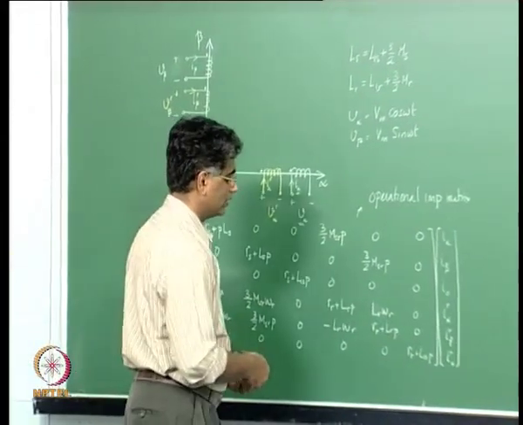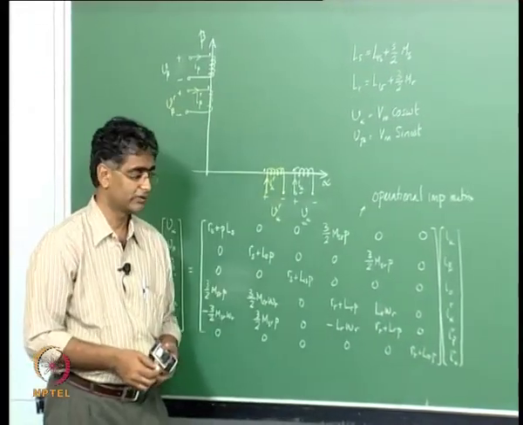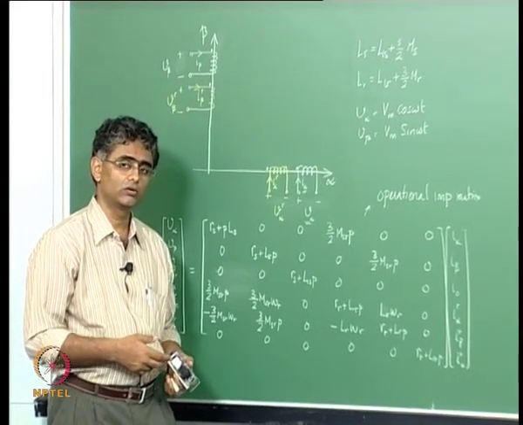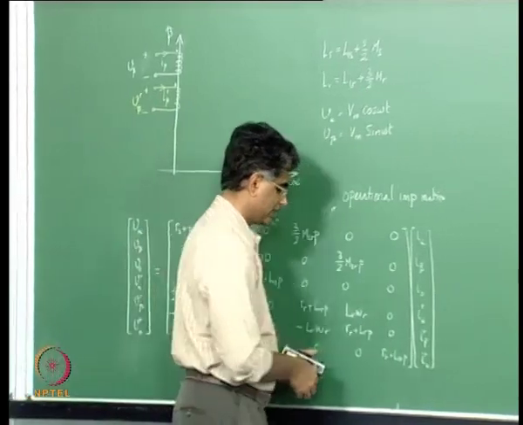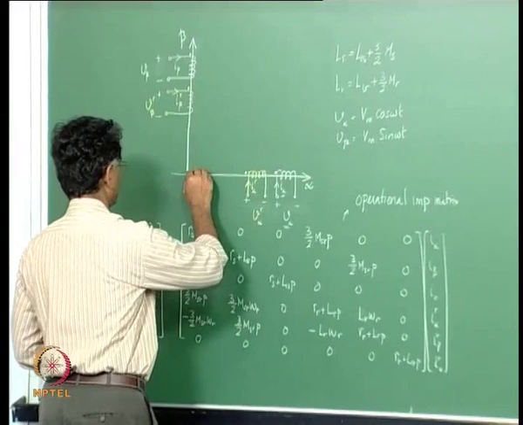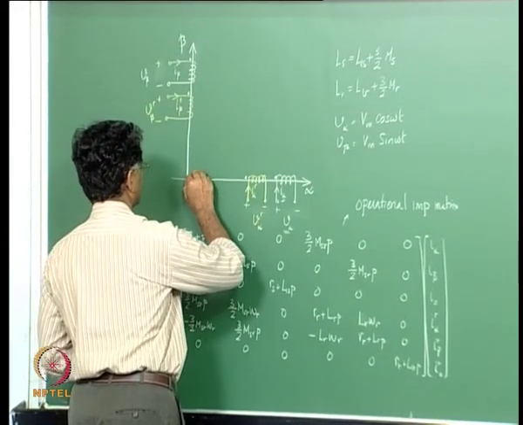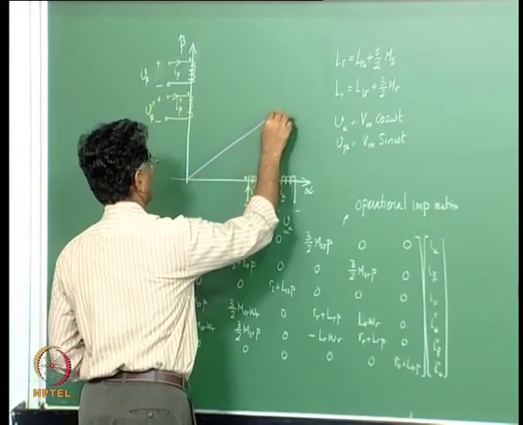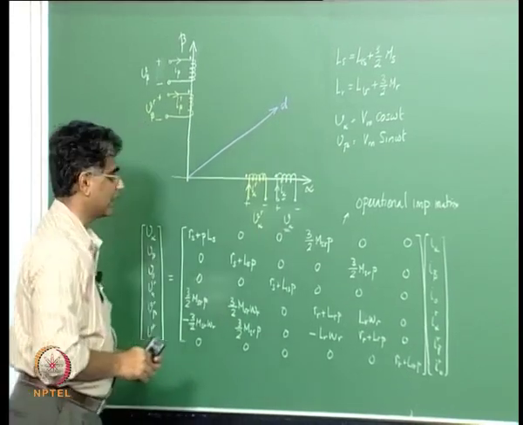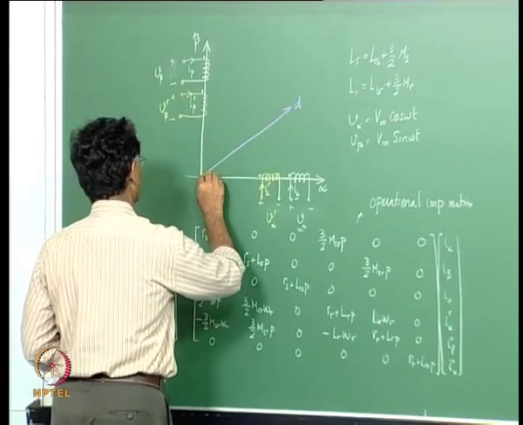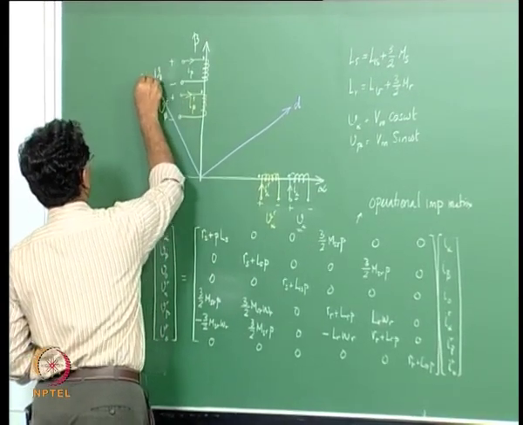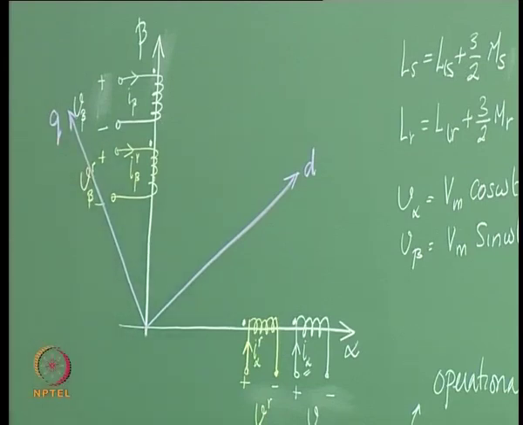What we want to see is how this would change if you go to a rotating frame. So, let us say that you have a rotating frame, a frame that has an axis here, which we will call the D axis, and an axis 90 degrees to that, which we will call the Q axis.